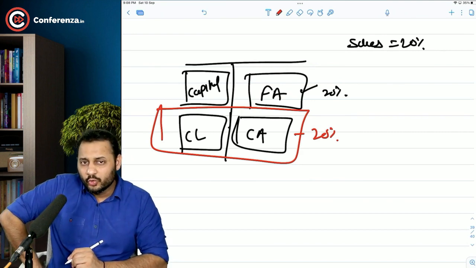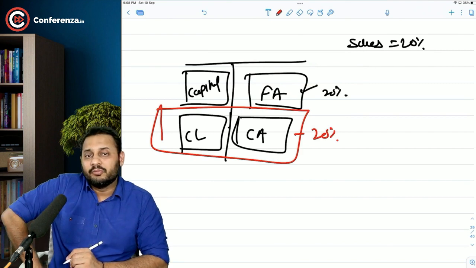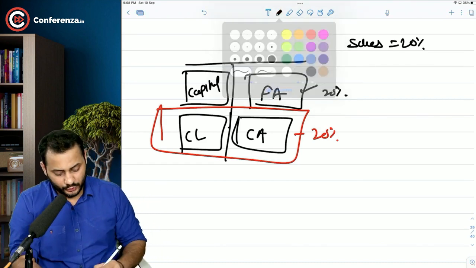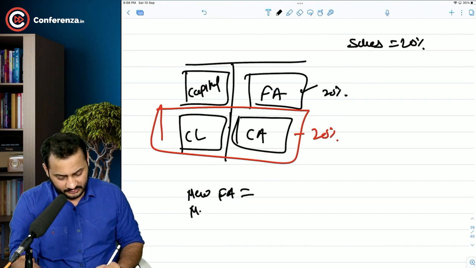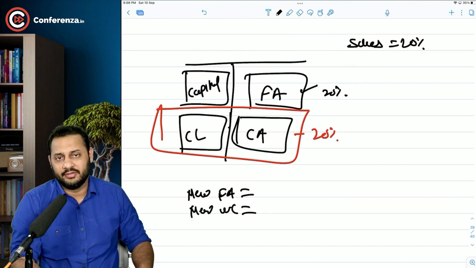Now, this is not a rule, but if nothing is given, you are going to impact the balance sheet with the same percentage. So you need to understand the new fixed assets and the new working capital. This is the funds required.